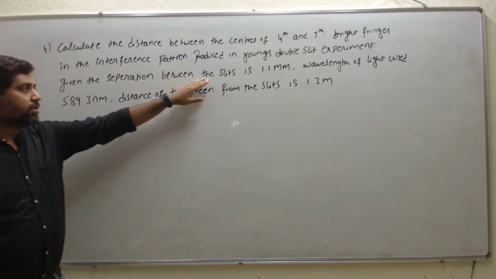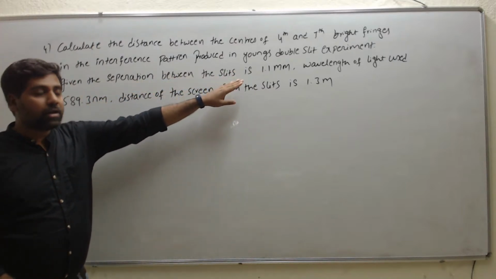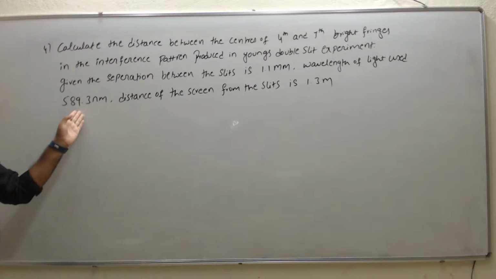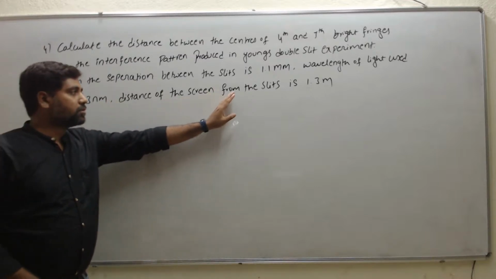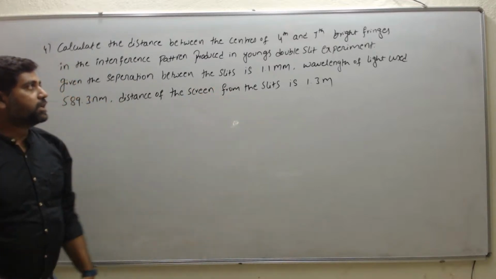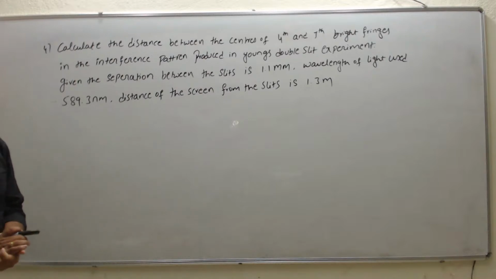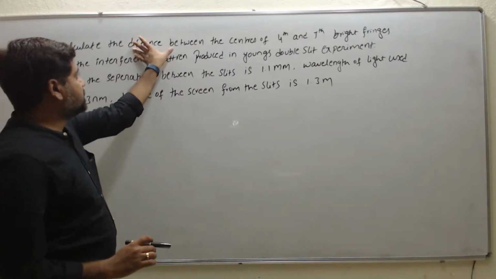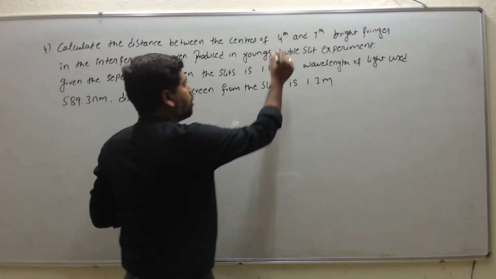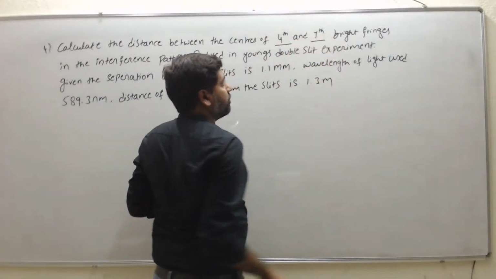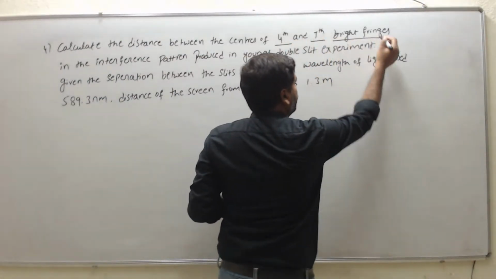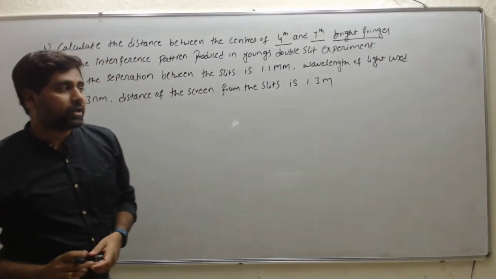Given the separation between the slits is 1.1 millimeter, the wavelength of the light used, and the distance of the screen from the slits is 1.3 meter. So here we have to find the distance between the centers of the fourth and seventh, and one more important thing is that it is for the bright fringes.